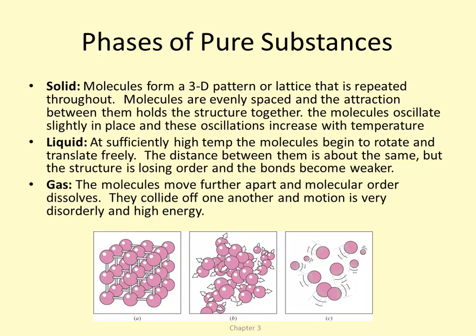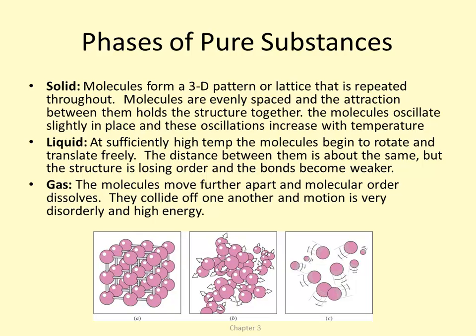Pure substances can exist in 3 different phases. The important thing to remember is that the solid phase is the most organized, so the entropy will be the lowest. If you look at the physical structure of the solid phase, it's very well organized, it's regimented.